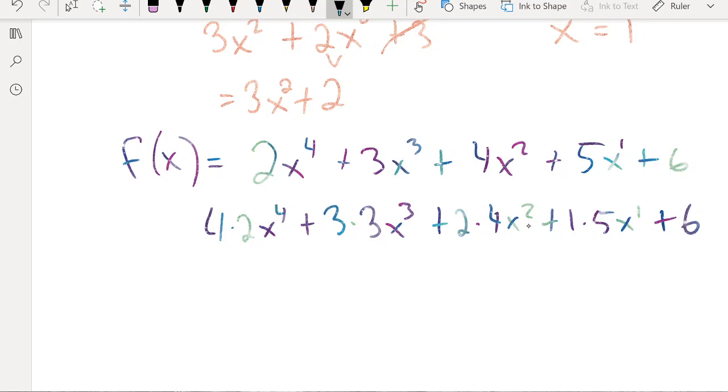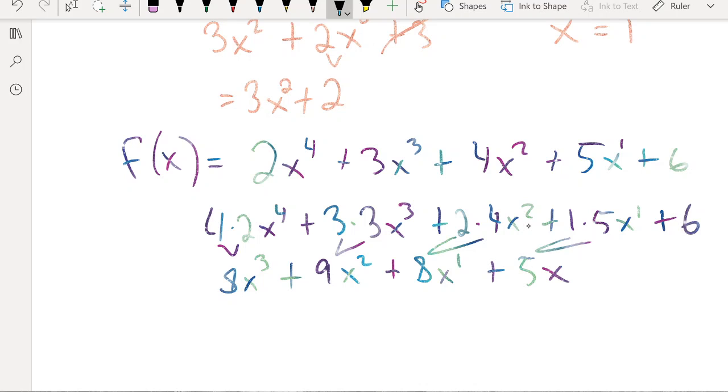Next step, I'm going to subtract 1 from the power, so that's 8x to the 3rd plus 9x squared plus 8x to the 1st plus 5x to the 0 plus 6.